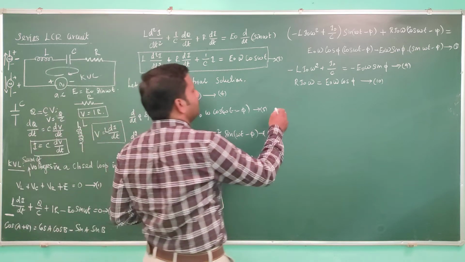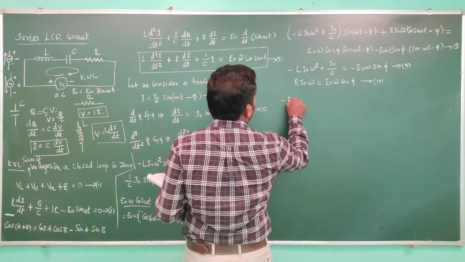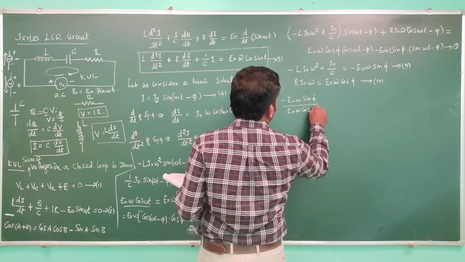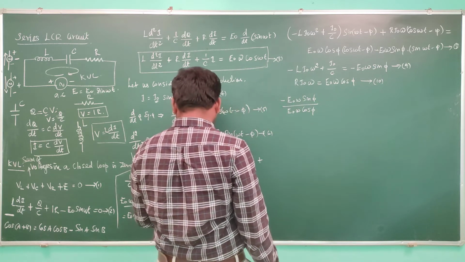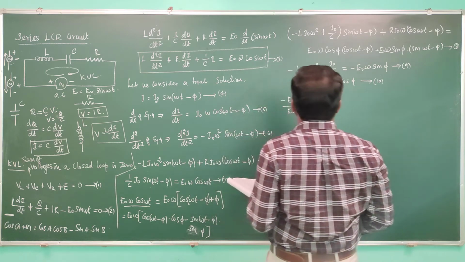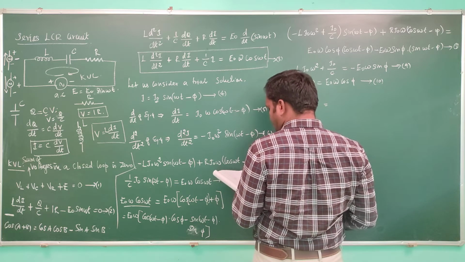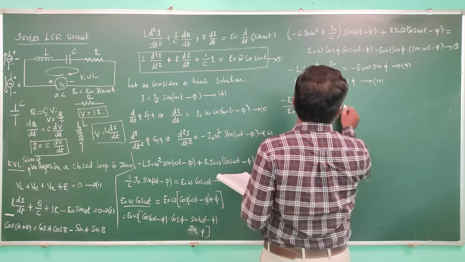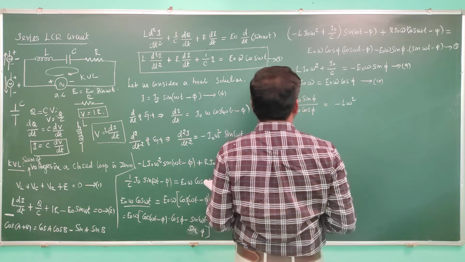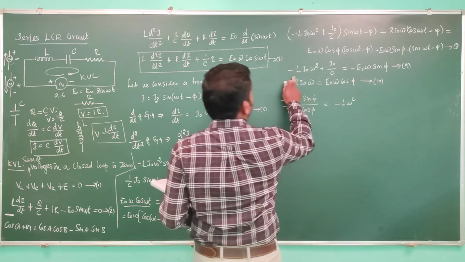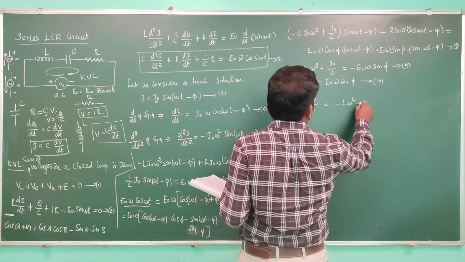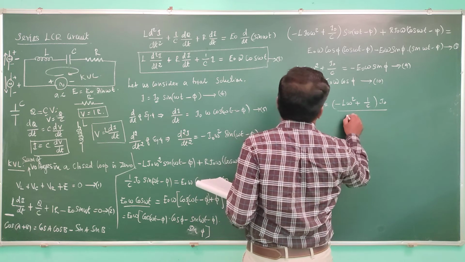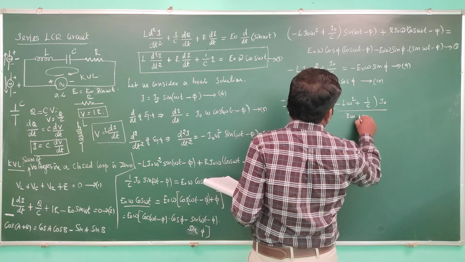Okay. Now if we take the ratio of equations 9 and 10, we can write minus E naught omega sin phi by E naught omega cos phi on one side, and on the other side minus L omega square plus 1 by C, into I naught, divided by r omega into I naught.